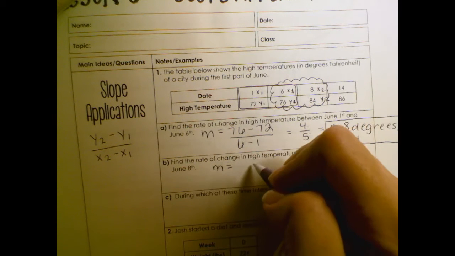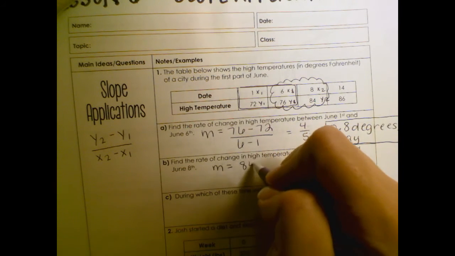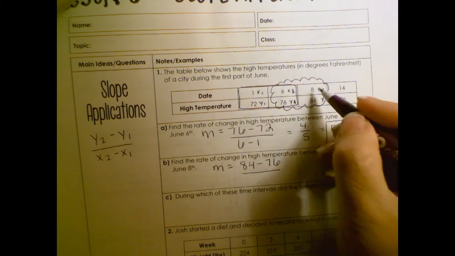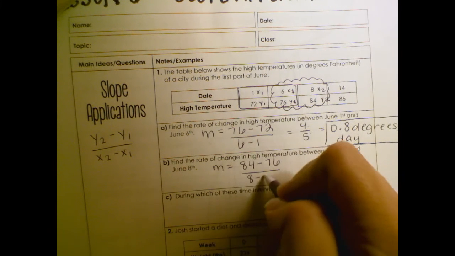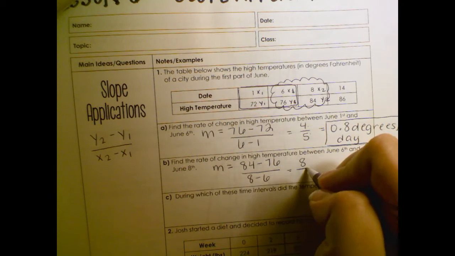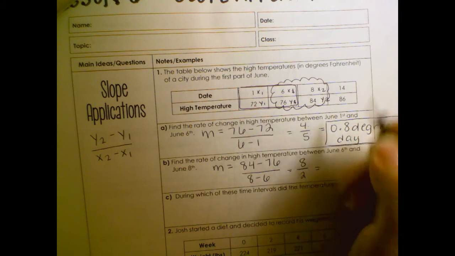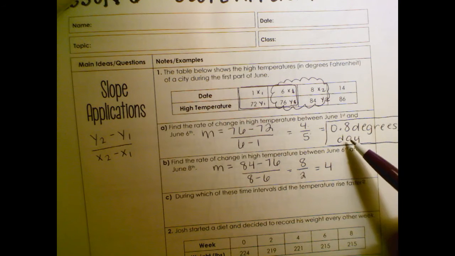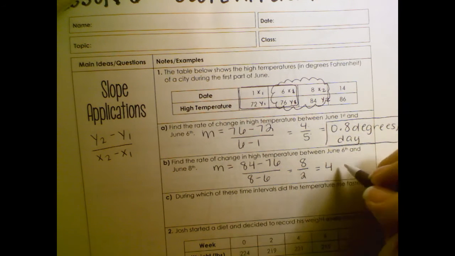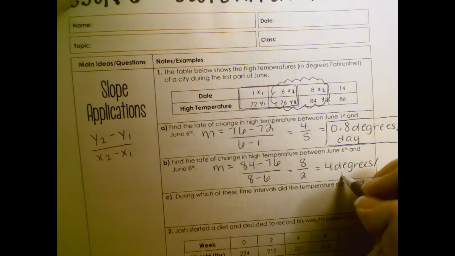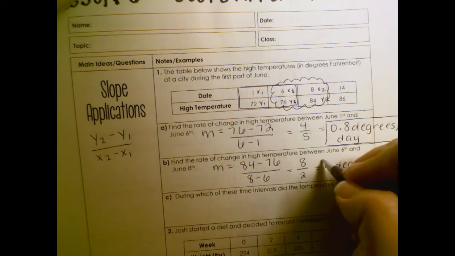So y2 is 84 minus 76 over 8 minus 6. That reduces to 8 over 2, which then can reduce to 4. I don't need to change this into a decimal. 4 is already a whole number, so 4 degrees per day.